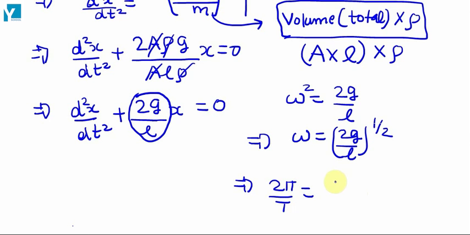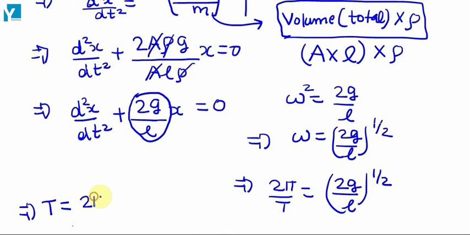This is 2g by L raised to power half. This implies the time period of oscillation is equal to 2 pi under root L by 2g, which is the required answer.